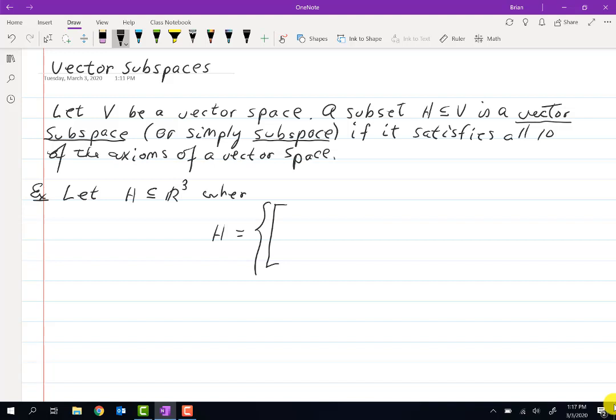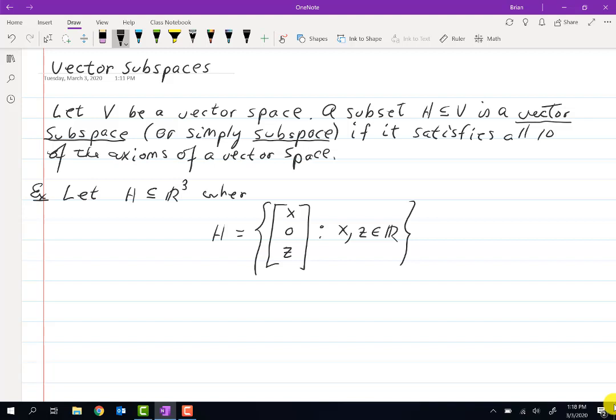Let's say I have possibly numbers in the first coordinate but none in the second coordinate, and possibly numbers in the third coordinate. And these x and z, of course, are in the real numbers. So you see all the vectors in H basically just have a 0 spot in them.